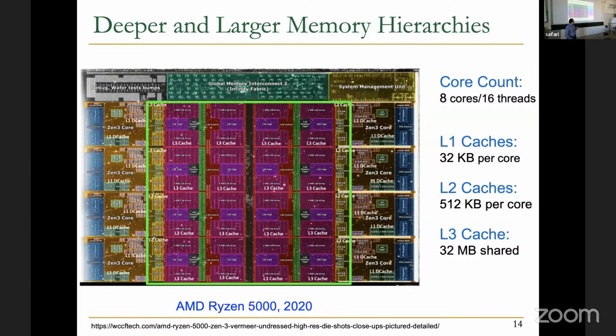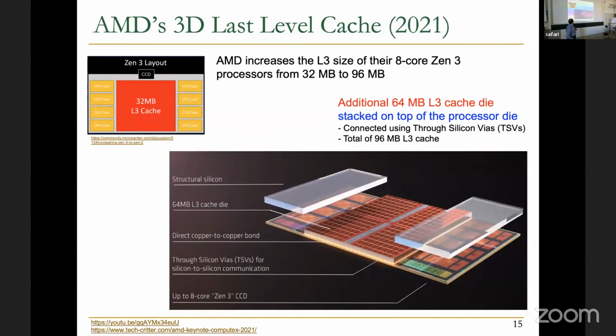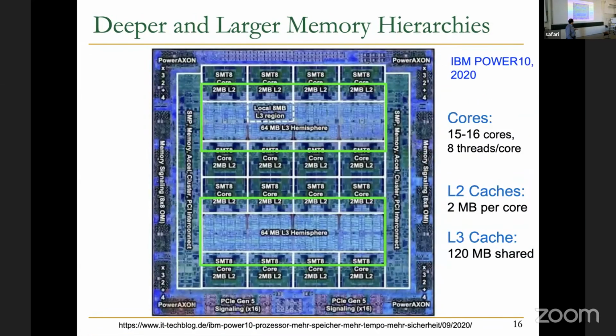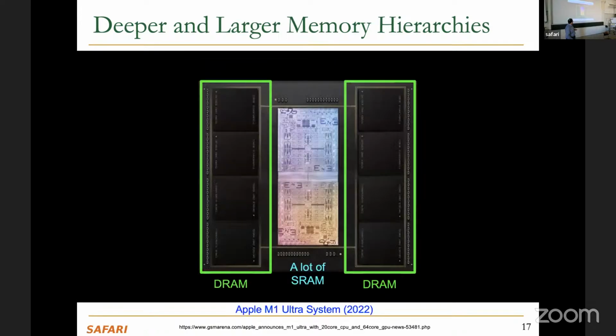We really need to look into fundamental solutions to this problem. This is also the AMD 3D last-level cache proposed in 2021, which uses a 3D layer of cache to provide higher capacity for the L3 cache. But you can still see the problem of data movement.